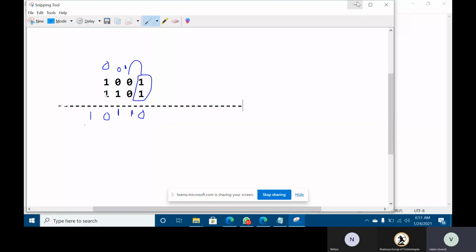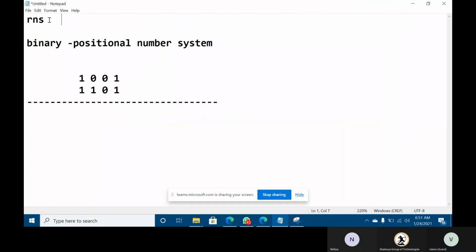So for that purpose, here we are going for the residue number system. What is a residue number system? It is like a decimal number itself, but it always takes a mod, and the mod should be with prime numbers.